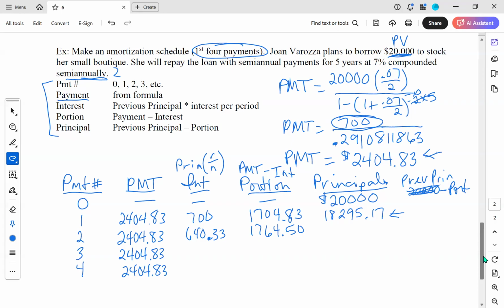Okay, now to get the new principal, we're going to take our old principal, which is now the $18,000, and subtract the 1764.50. So I've got 18,295.17 minus our portion.